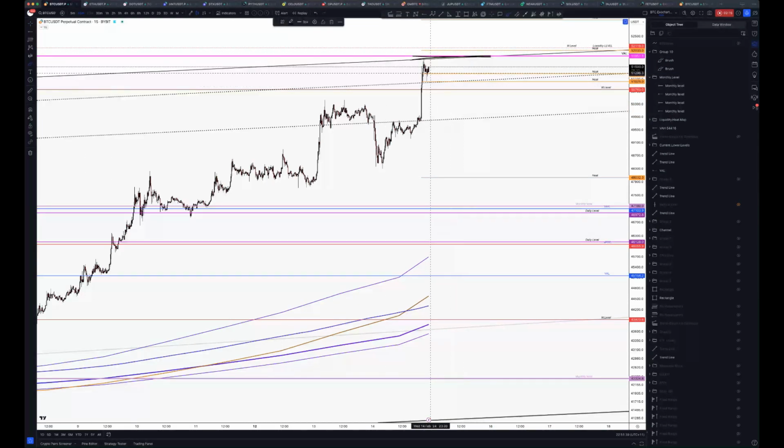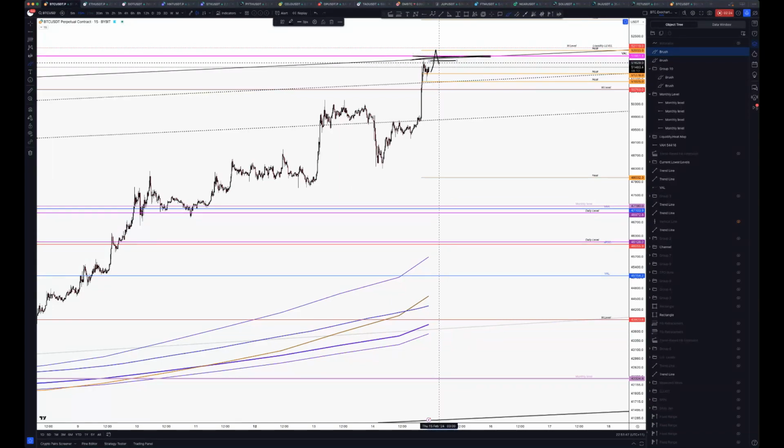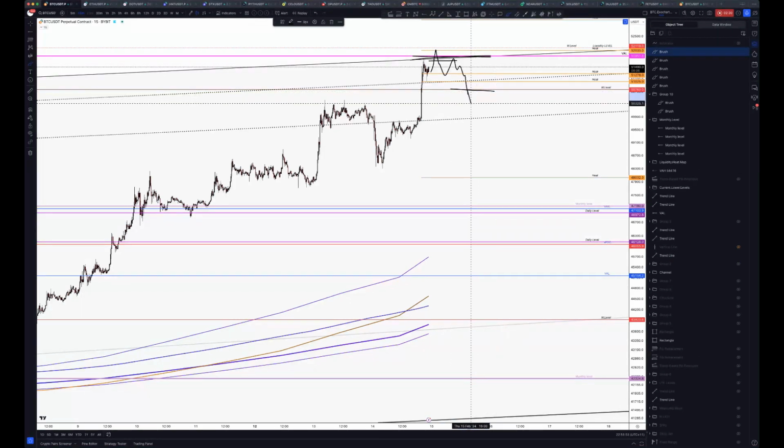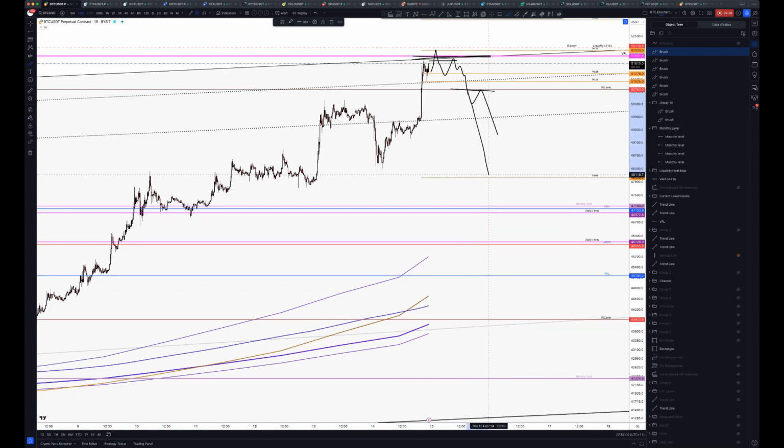If we were to go above, take that liquidity and the weekly, come back down, we are likely to range still, but potentially drop. And the moment we drop this weekly, we'll look for the back test and then further down. The back test might not even take place, it might just drop hard. So we don't know if we can get that back test. So that is one of the scenarios I'm looking at.